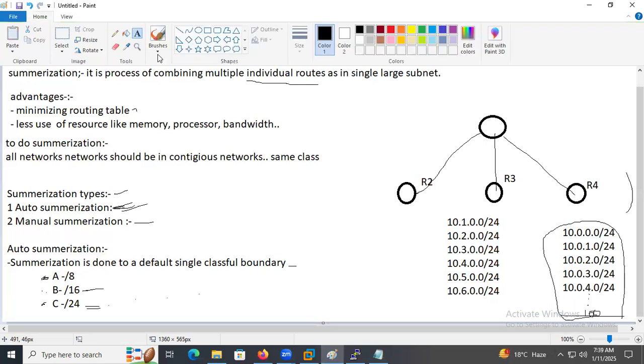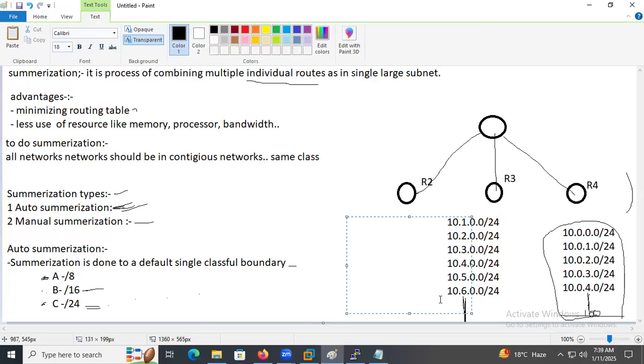So here again there are 100, 100 in the second octet, 7, 8, 9. So basically in router 4, the third octet is changing, and in router 3, the second octet is changing. Now maybe here there is 10.100.1.0.